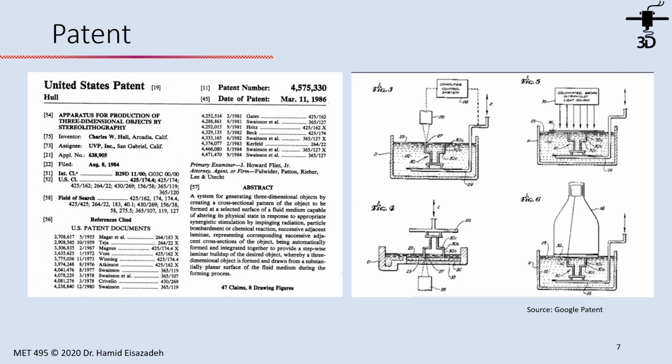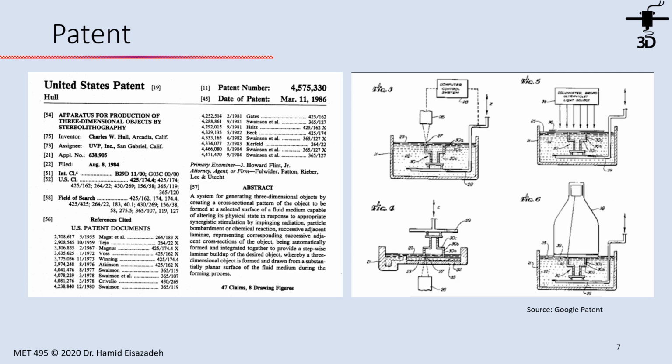Charles Hall's first patent was granted in 1986, and the basic principle is scanning a laser over the surface of a liquid. The idea was to make a 3D printed part by photopolymerization.